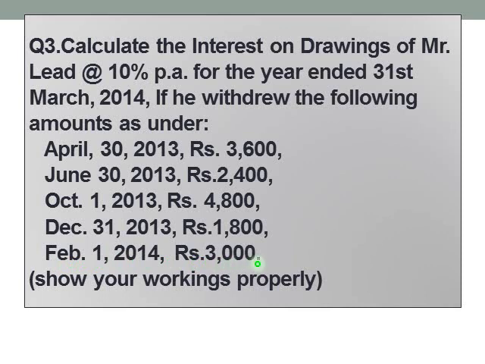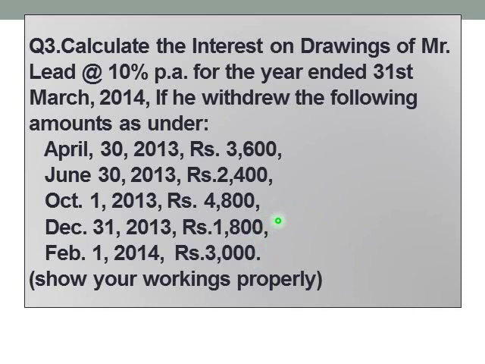So here we are required to calculate interest on drawing. So what is your observation? He is withdrawing different amounts on different dates. So it means the drawing pattern is irregular as well as the amount is also not even.